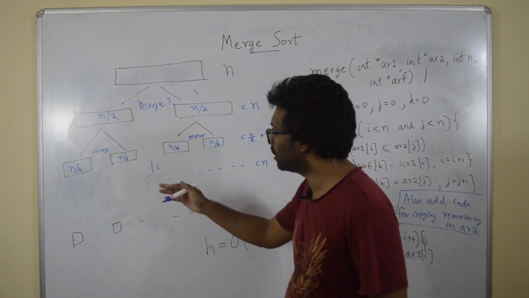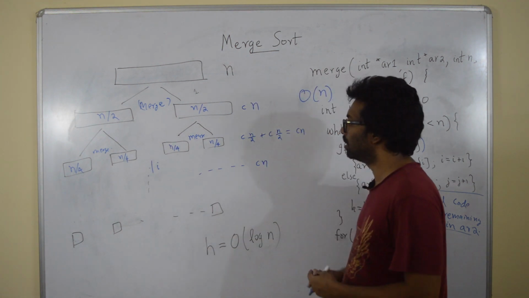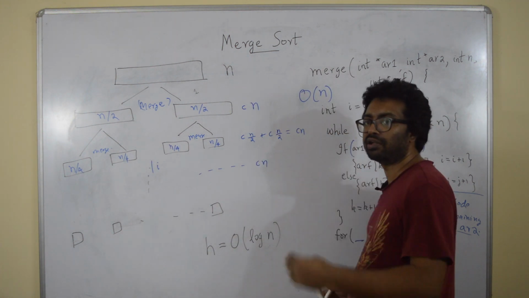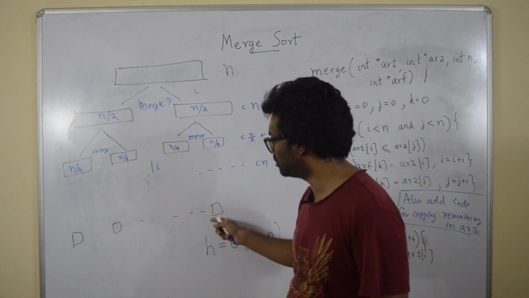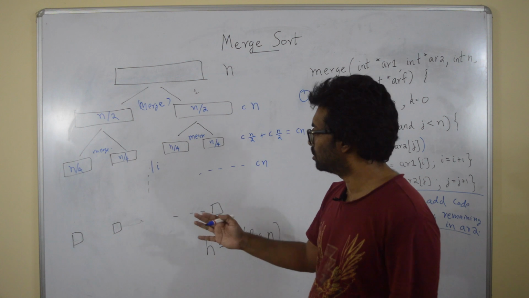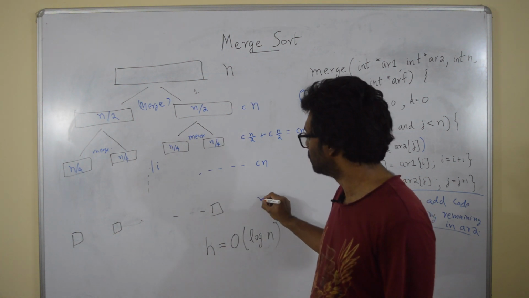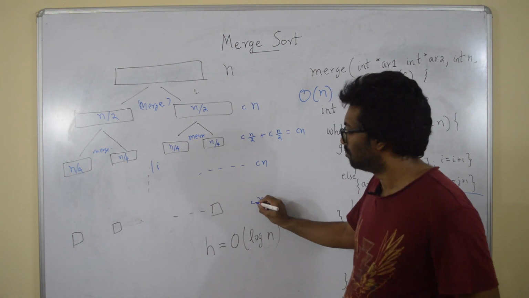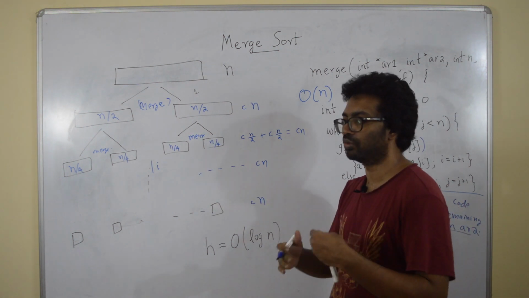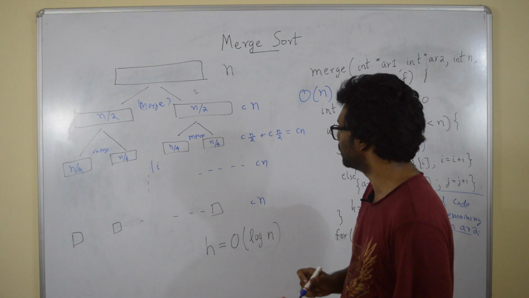How many nodes are there and how much time will be spent there at that level, and that's going to turn out to be Cn. But you can also look at the last point. At the last level, how many nodes are there? There will be n nodes, right? And you can assume that that's also going to take Cn. I mean, it's bounded by Cn. So even though you don't do anything, you can just say it is less than or equal to Cn there also.